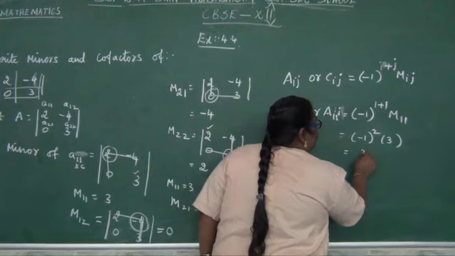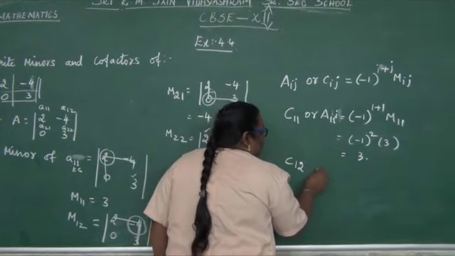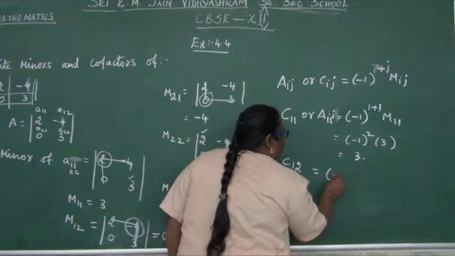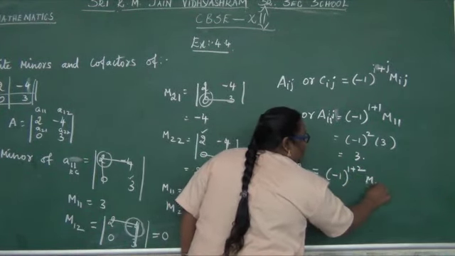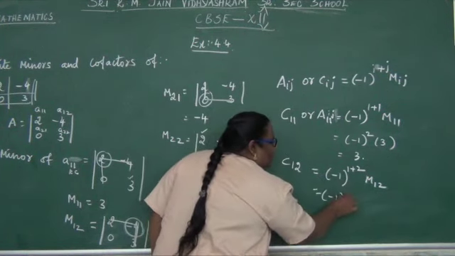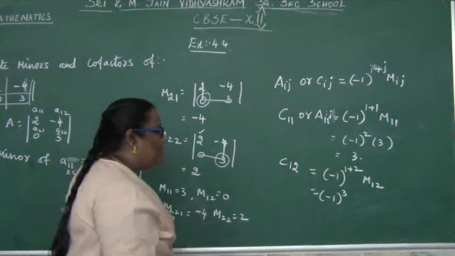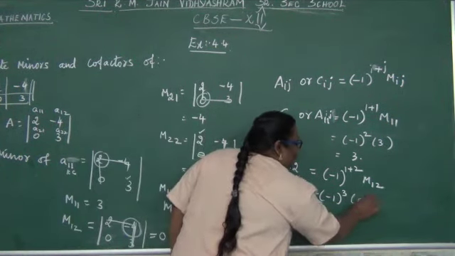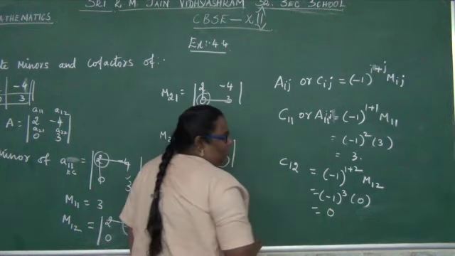So the answer is 3. Now C12 equals minus 1 whole power 1 plus 2 into M12, so minus 1 the whole cube. M12 equals 0, so it gives 0 into any number, which is 0.